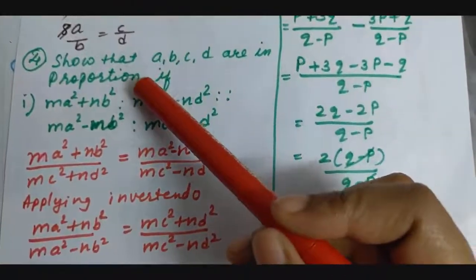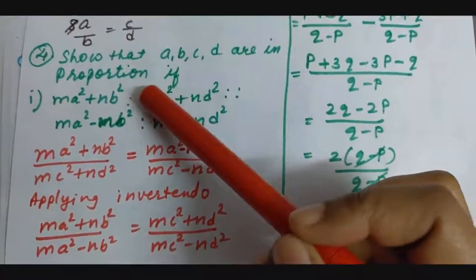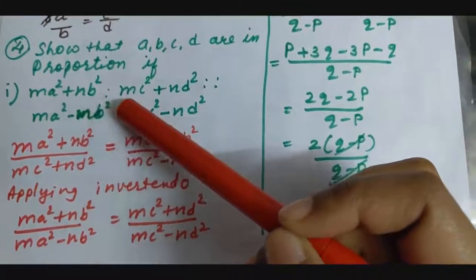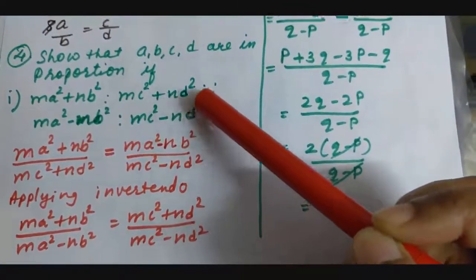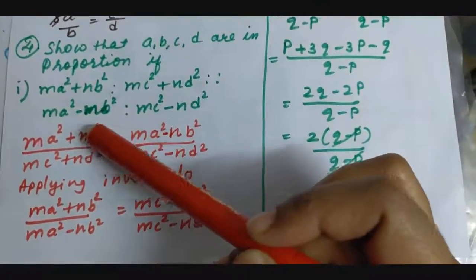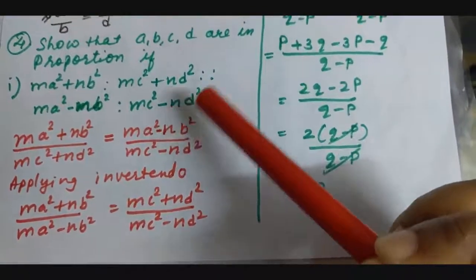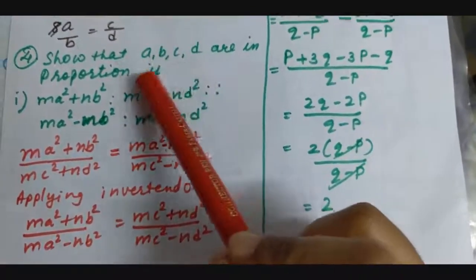Here show that a, b, c, d are in proportion if (ma square plus nb square) ratio (mc square plus nd square) is equal to (ma square minus nb square) ratio (mc square minus nd square). Now first see your question: a, b, c, d are in proportion.